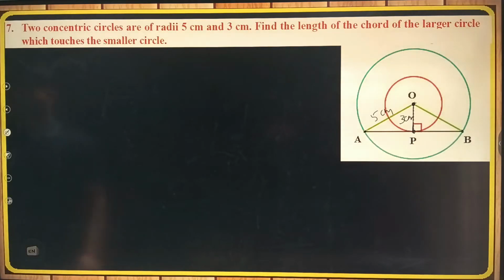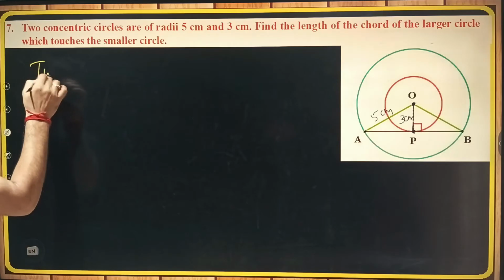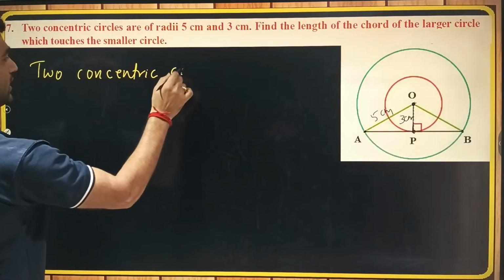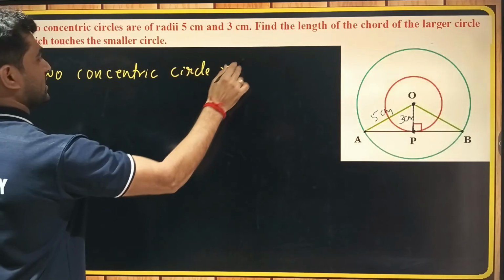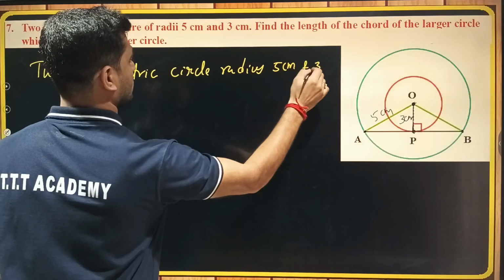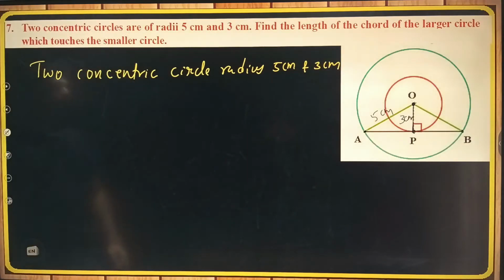Here, two concentric circles, what are the radii? He has given radius 5 centimeter and 3 centimeter. Clear?